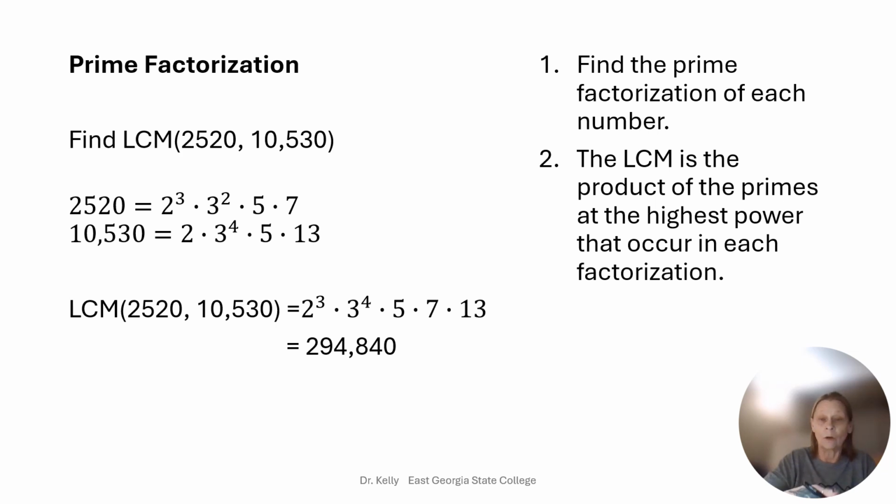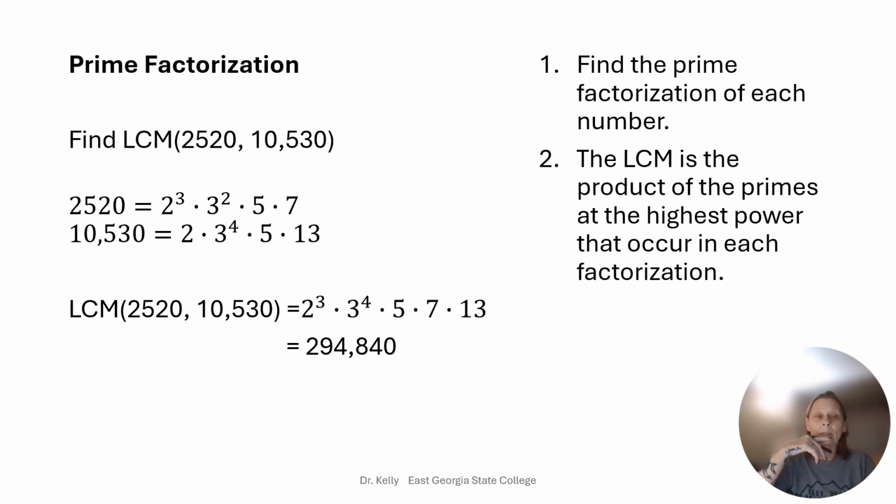As you can see here, I've already found the prime factorization of each. 2,520 is 2 to the third power times 3 squared times 5 times 7. 10,530 is 2 times 3 to the fourth power times 5 times 13.